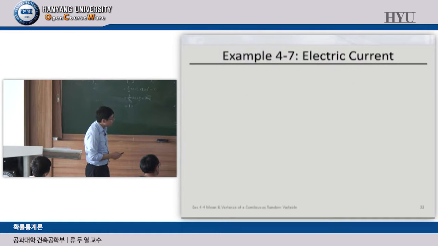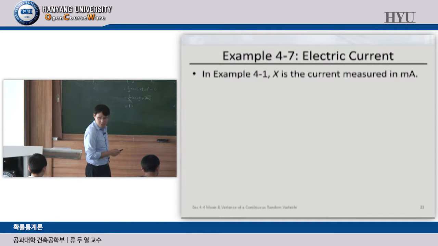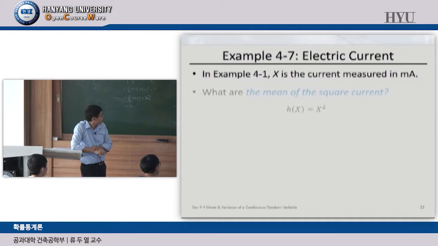I'm going to explain this based on this example. In the previous example, X is the current measured in milliampere, okay? And what is the mean of the power current? In this case, h(x) is expressed by x square, okay?